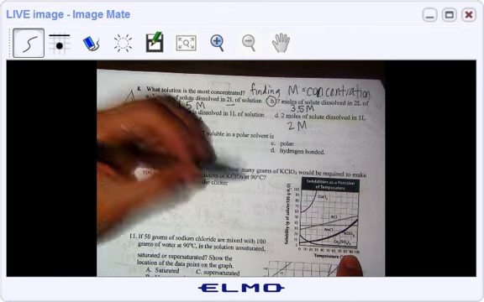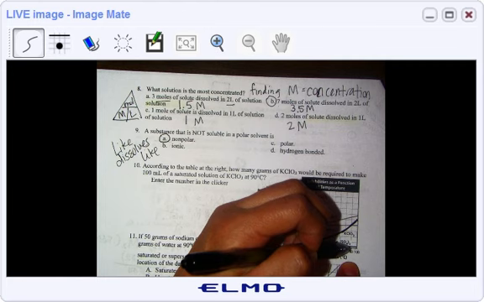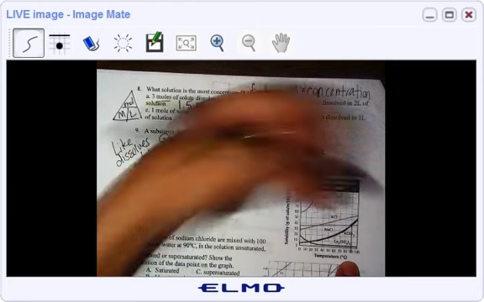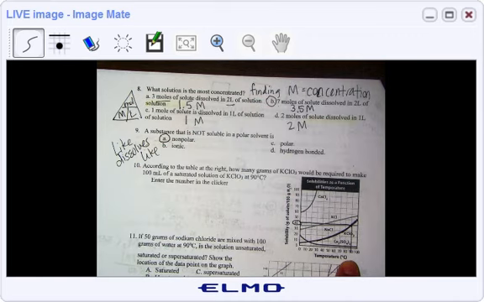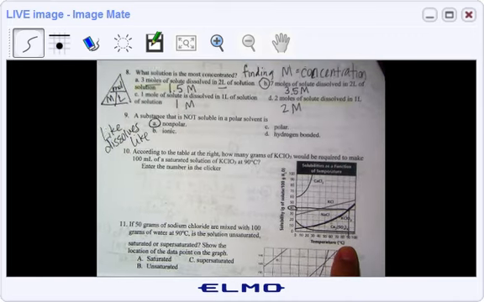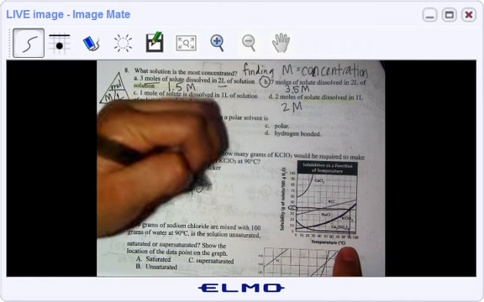So I'm looking for saturated at 90 degrees on that line. As soon as you hit the line, it's saturated, which falls on 40. This is the gram side.